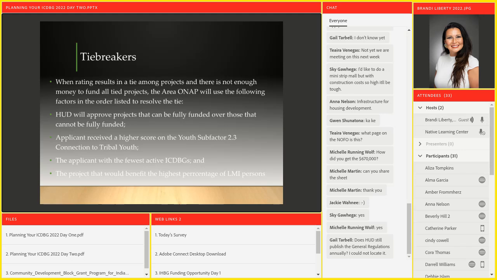If an applicant received a higher score on the youth subfactor, another tiebreaker will be an applicant with the fewest active ICDBGs, and the last would be a project that benefits the highest percentage of LMI persons. So they've got some odd nuances here on how they're going to break these ties. So keep that in mind as well.